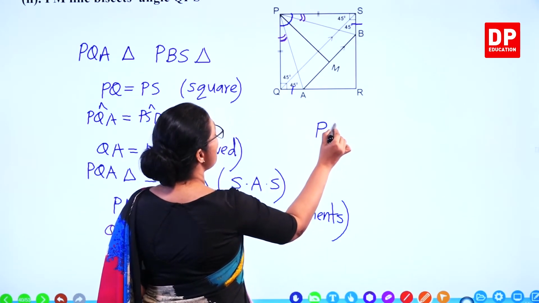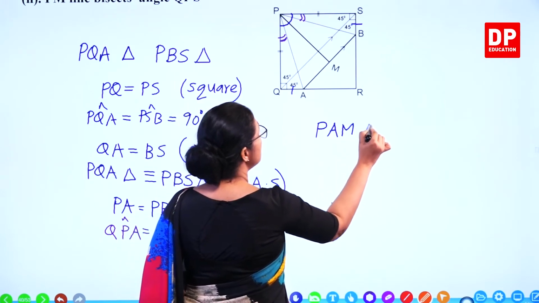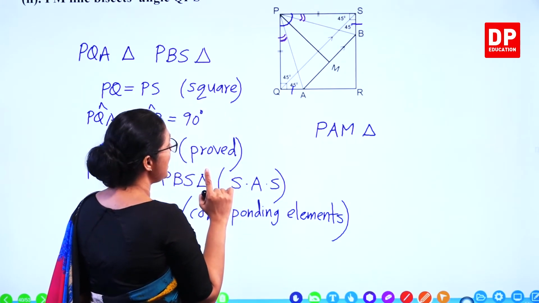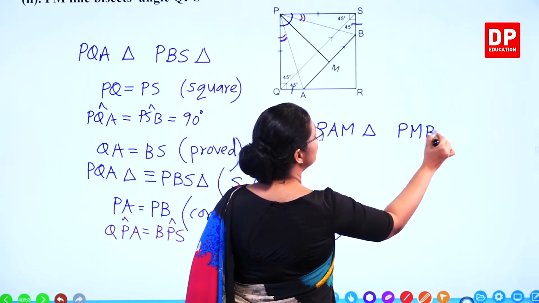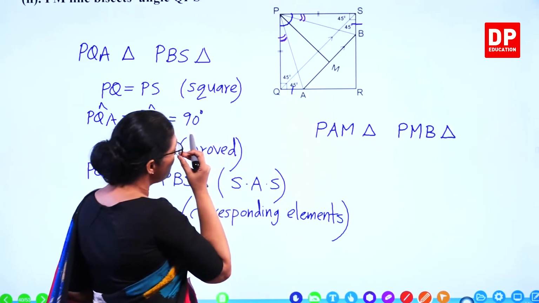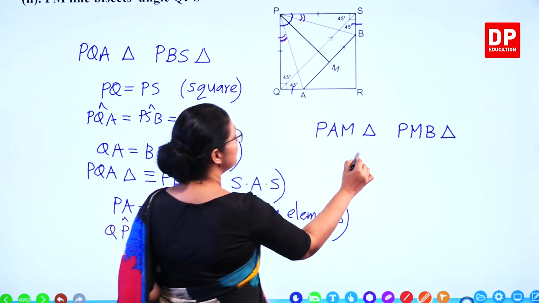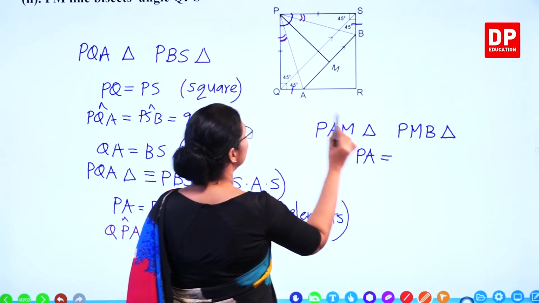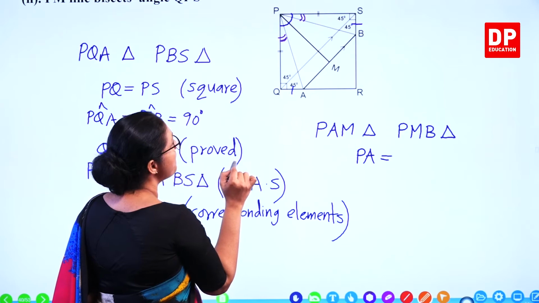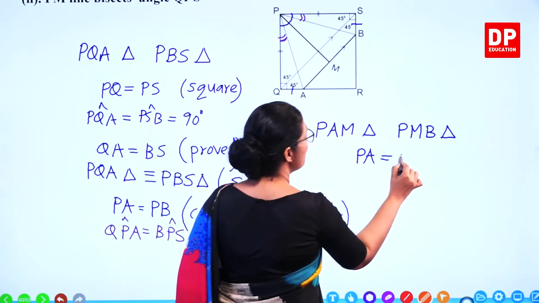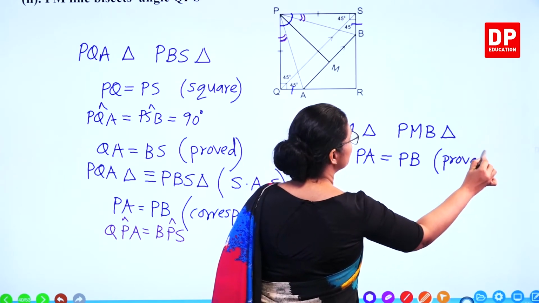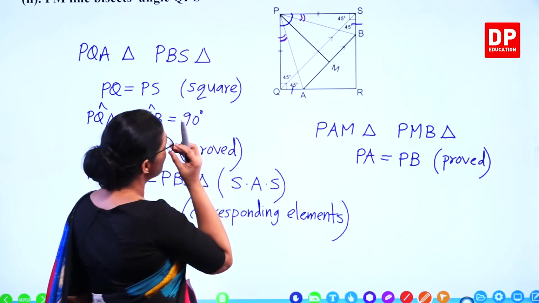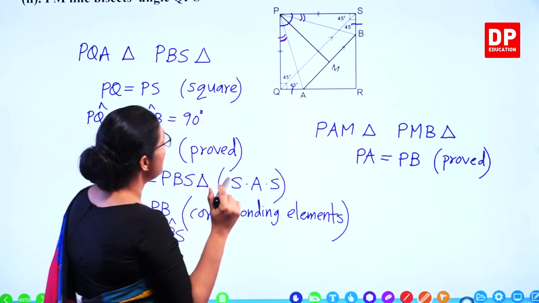So we need PAM triangle and PMB triangle. We know PA equals PB. We proved that before. And what else? PM is common.